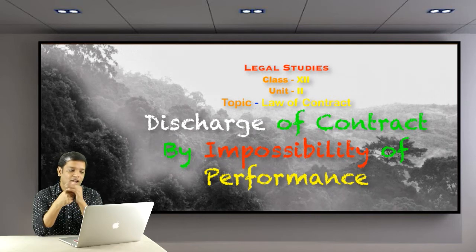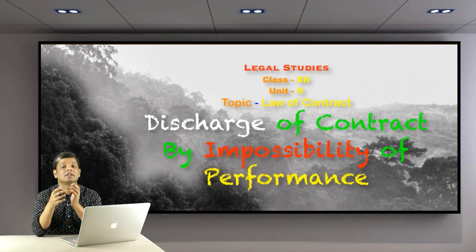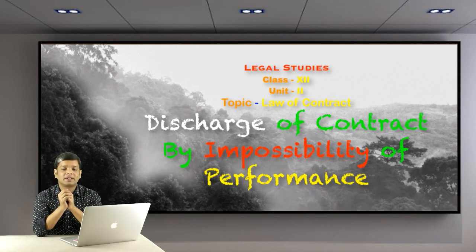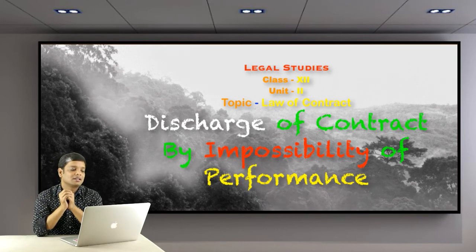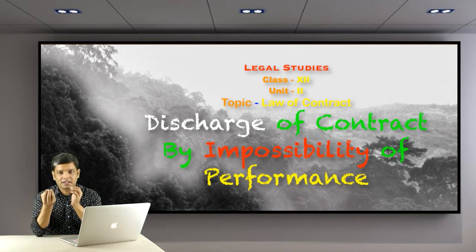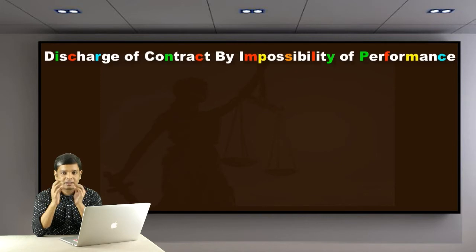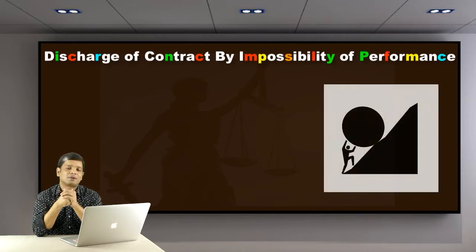So under this heading we have the mode of discharge of contract that we will discuss, that is discharge of contract by impossibility of performance. See, the meaning is clear in the term itself, that is impossibility of performance.